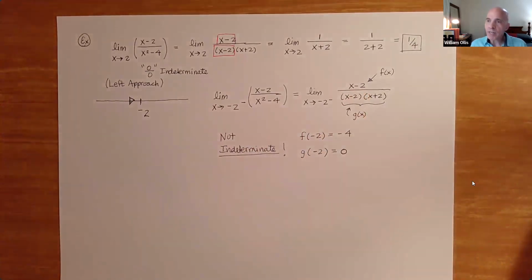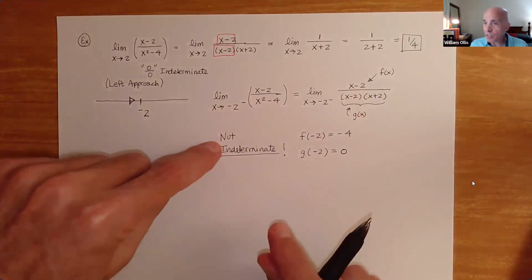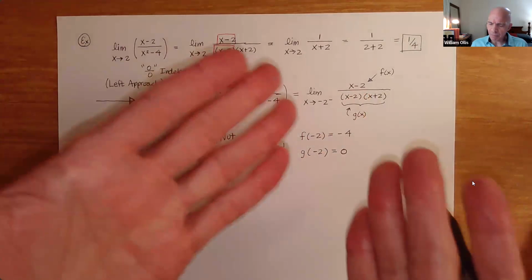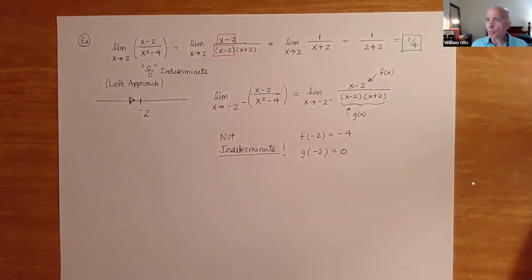And so what ensues there, which is not indeterminacy, is a situation where the denominator becomes smaller and smaller and smaller. Now, intuitively, that could make you think, well, the f of x in the numerator is staying well behaved in the sense that it's getting very close to -4. And then the denominator is getting closer to 0, closer to 0, closer to 0.